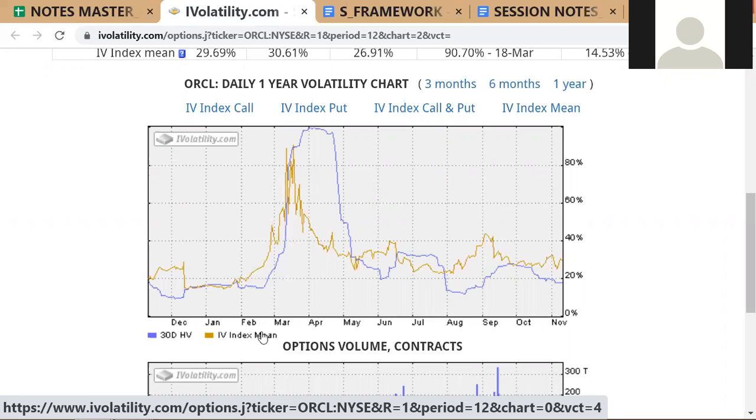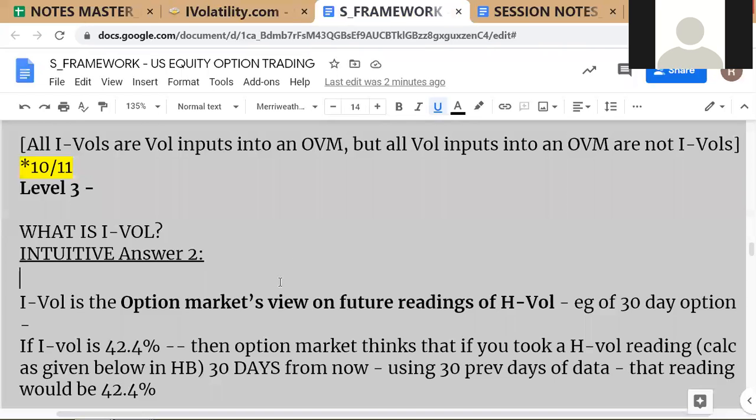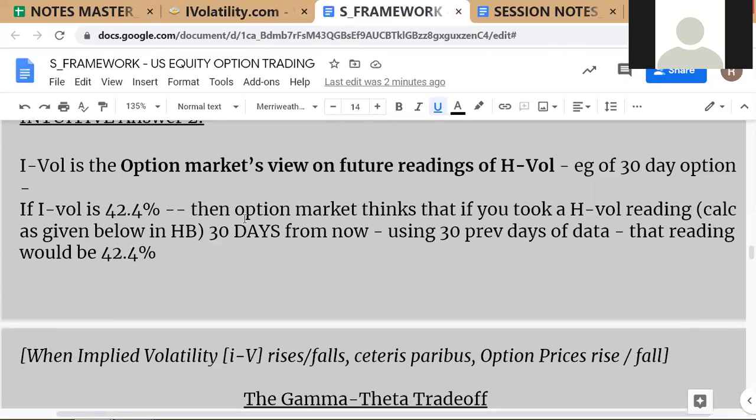In the case of 30-day IV, for instance, a 30-day option: if you look at the IV of that, the option market thinks that if you take an HV reading 30 days from now, using 30 days of previous data, that reading is going to be 42.4%.